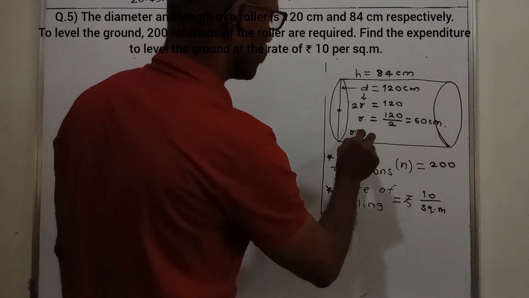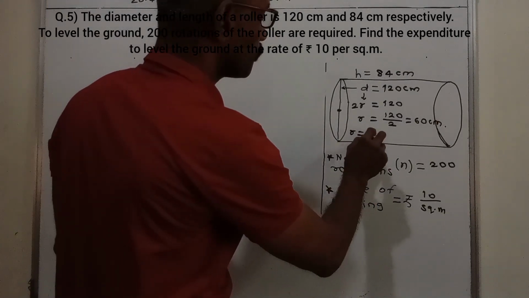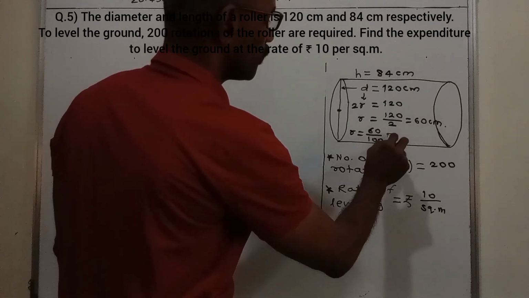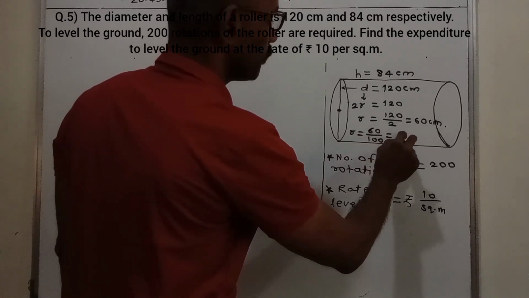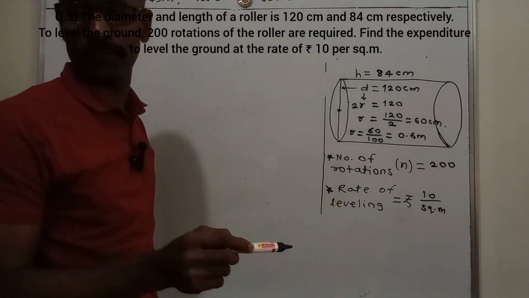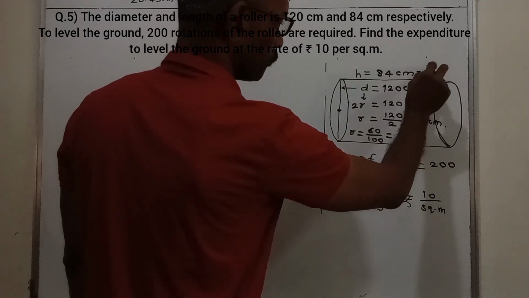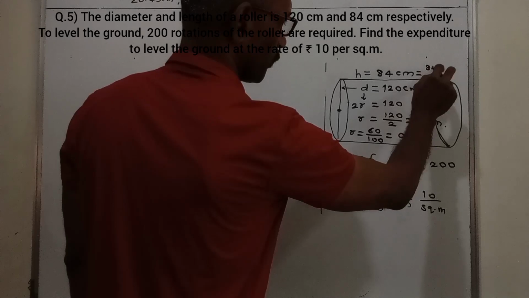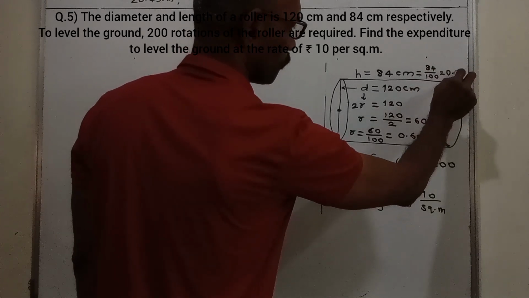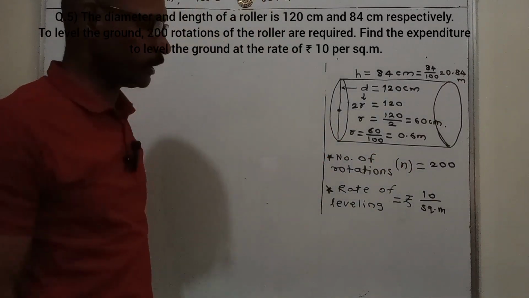So we convert centimeter into meter. 60 upon 100, that is in meter, means 0.6 meter. Now this height also we convert into meter. 84 upon 100 is equal to 0.84 meter. Did you get it?